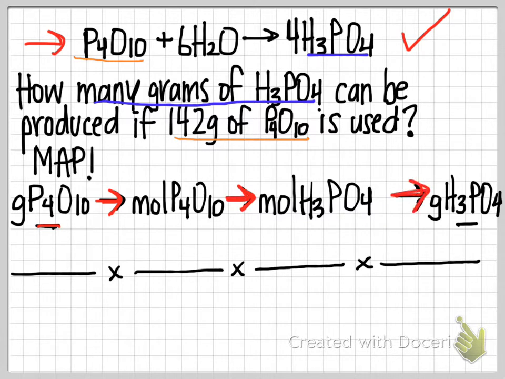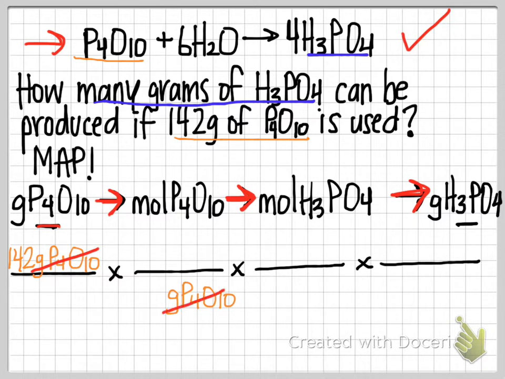So grams P4O10, how many do we have? 142. We don't want grams P4O10, so we put it at the bottom. When we do that, it allows us to cancel.